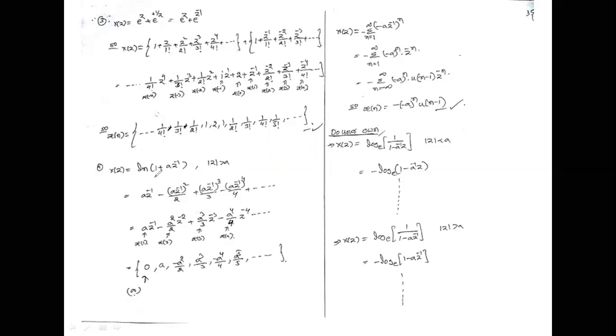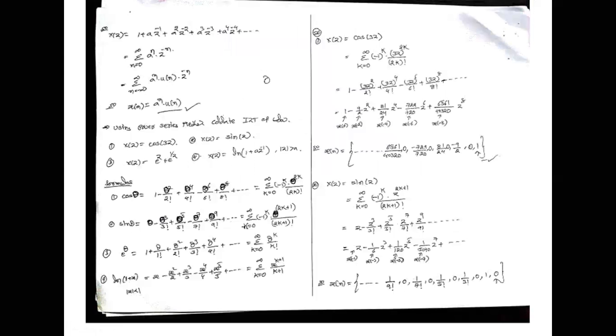And the next function, ln of 1 plus a z inverse. Ln of 1 plus a z inverse. So what is the sequence here?